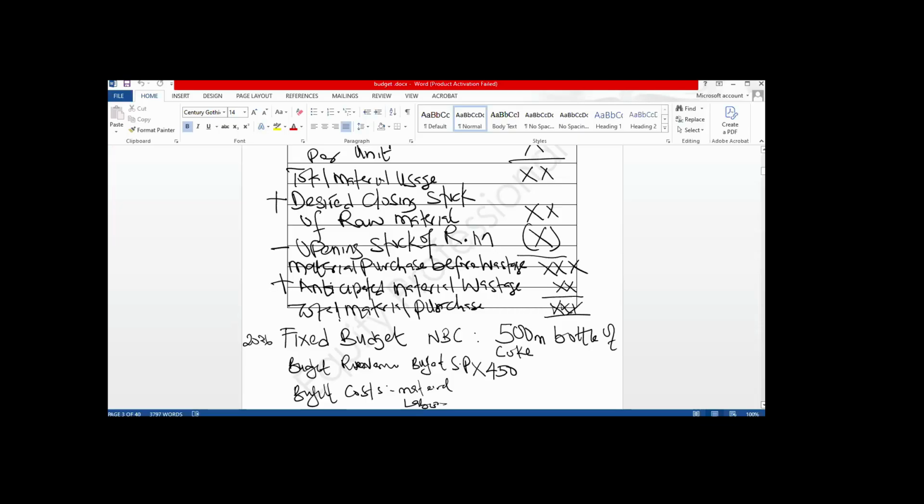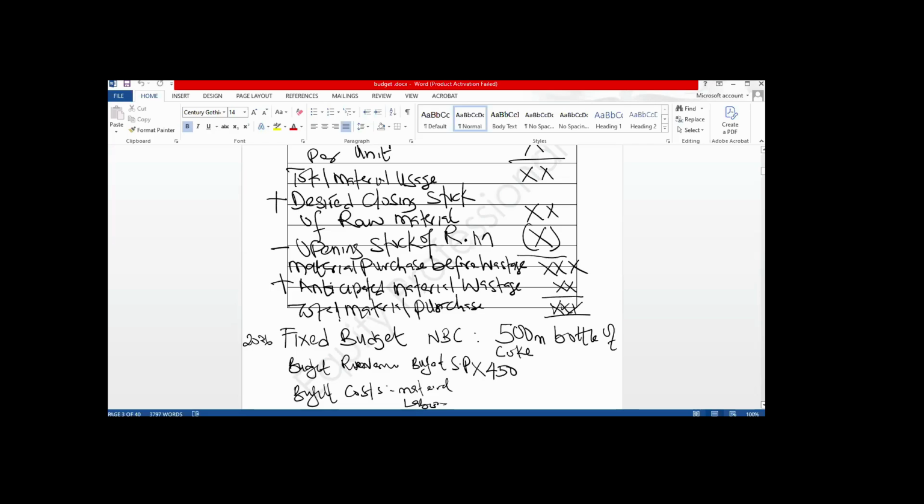Flexible budgets become necessary because the original budget is prepared based on assumptions and estimates.